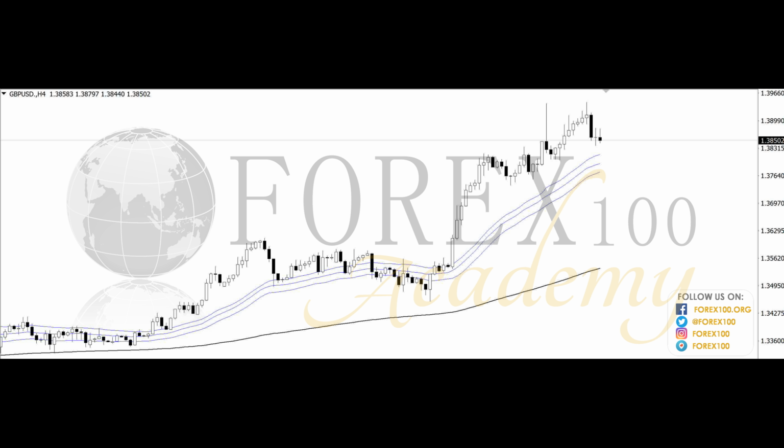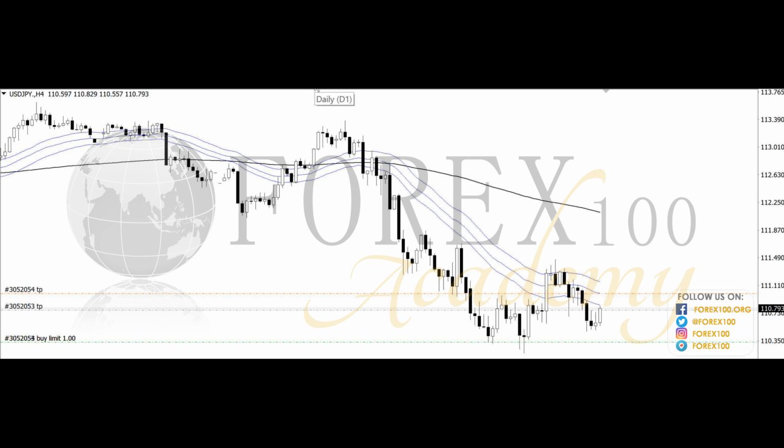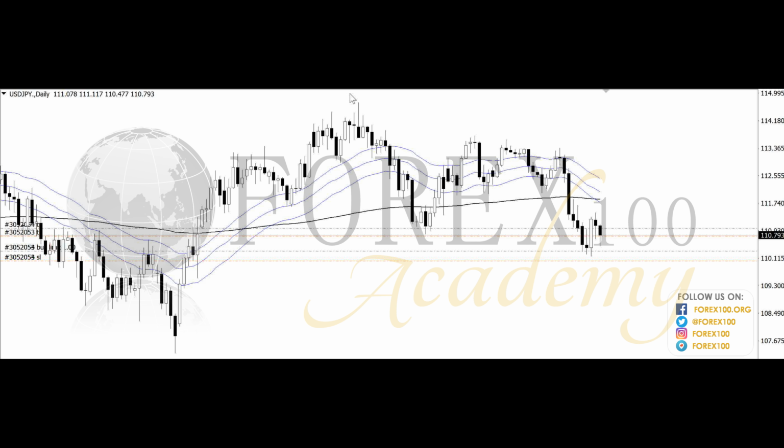And for dollar yen itself, if we move up to the daily chart, you can see that there is a consolidation over here. The market broke the first low, went back up, came below, and broke below and closed below the low price.